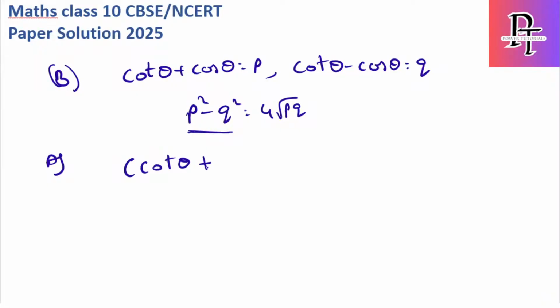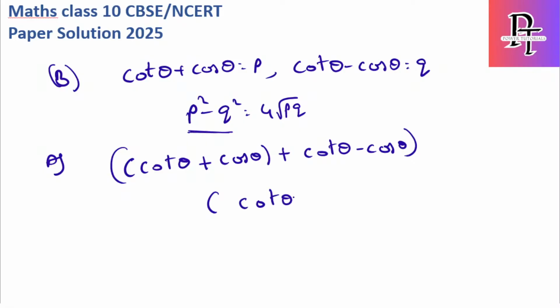So simply I will write p plus q, which is cot theta plus cos theta plus cot theta minus cos theta, into p minus q, which is cot theta plus cos theta minus cot theta plus cos theta.